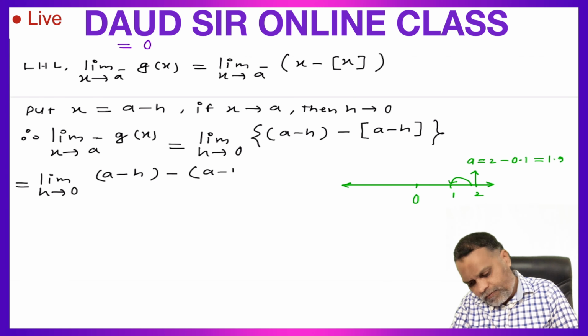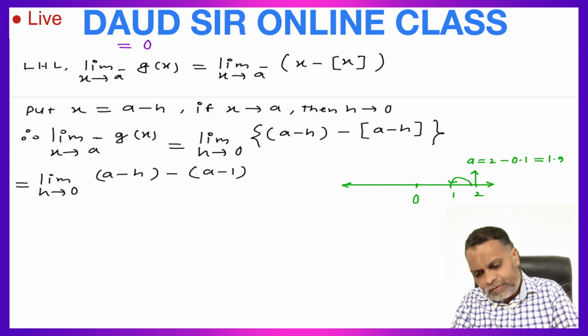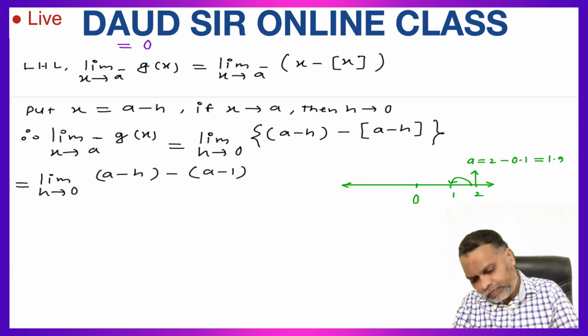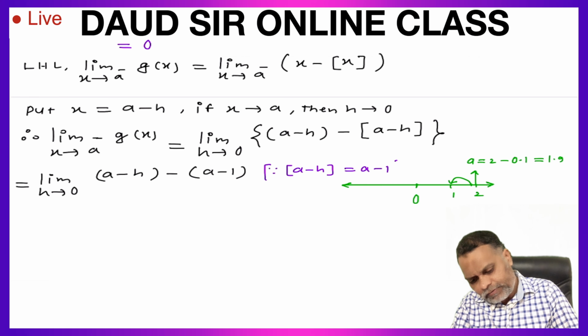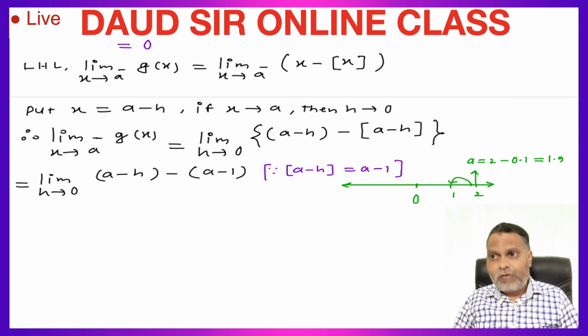We can mention here, since the greatest integer of a minus h is equal to a minus 1. Any integer we can take as a, but the greatest integer of a minus h will become a minus 1.